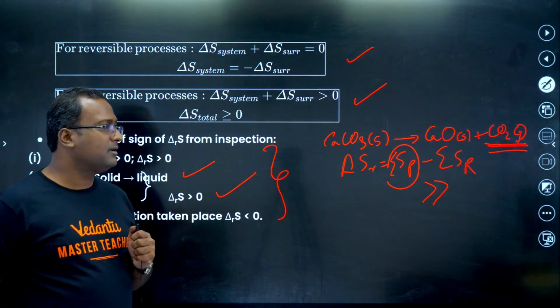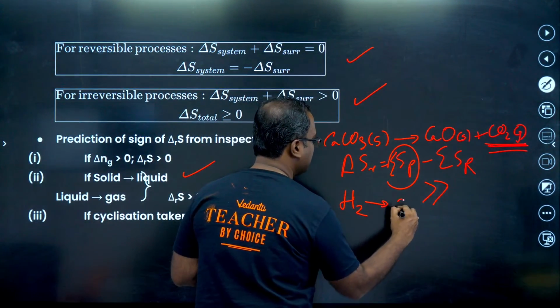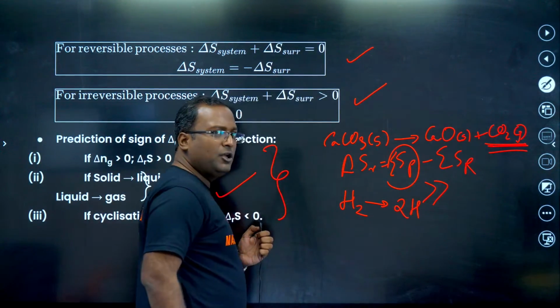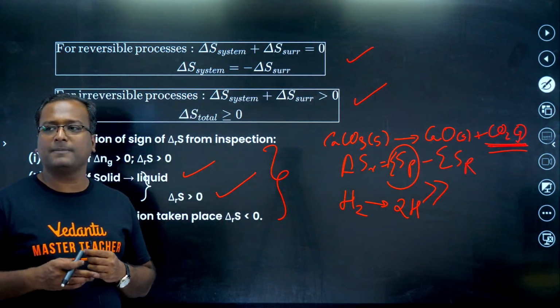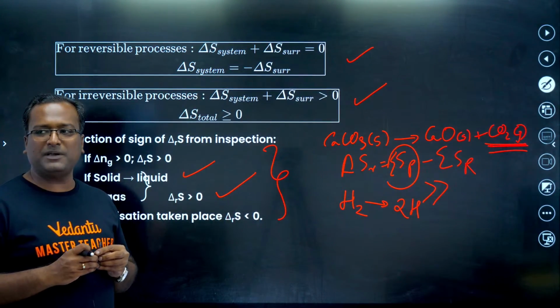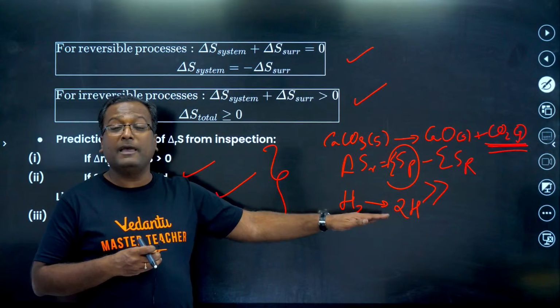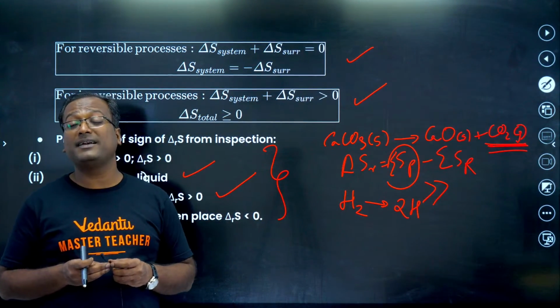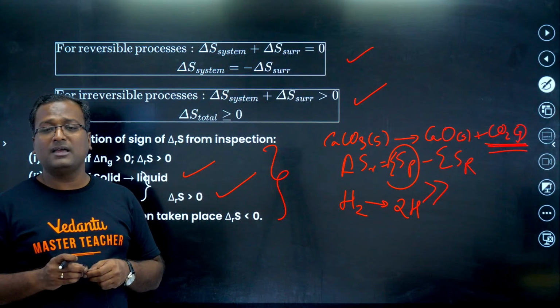Is this point clear? The next point is, suppose you have H2 goes to 2H. What do you think? Entropy change is positive or negative? Come on guys. Entropy change here is positive.